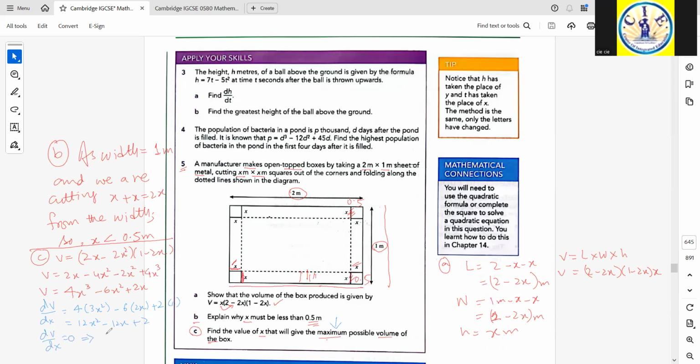So 12x squared minus 12x plus 2 equals 0. 2 can be taken out common: 6x squared minus 6x plus 1 equals 0.